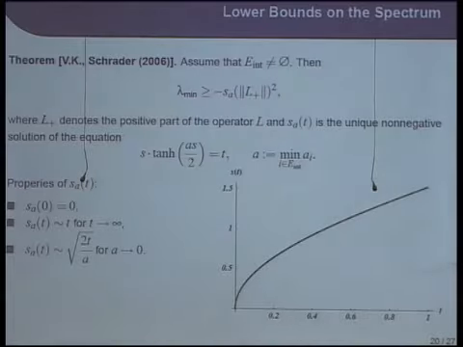And the next property, let's take t fixed and consider the case a goes to 0. So this means, for instance, we take a fixed graph with a given geometry, and we start to play with the lengths of the edges of this graph. We'll make them smaller. So this means the number a will be smaller. What we see is that the function S_a has a singularity of type square root if a goes to 0.